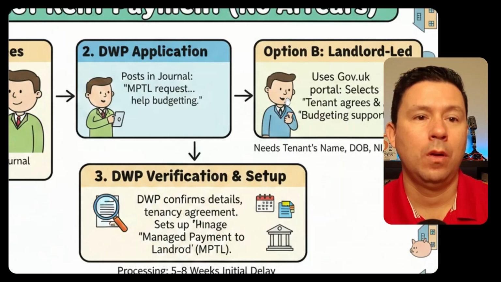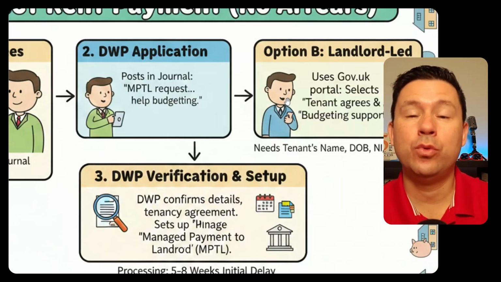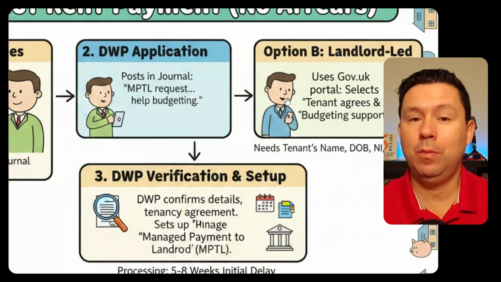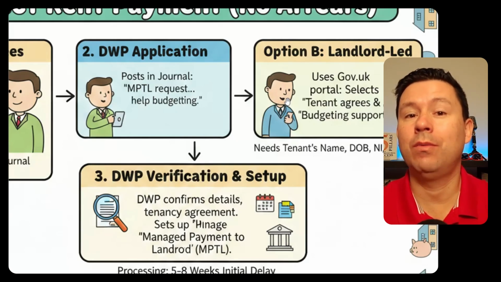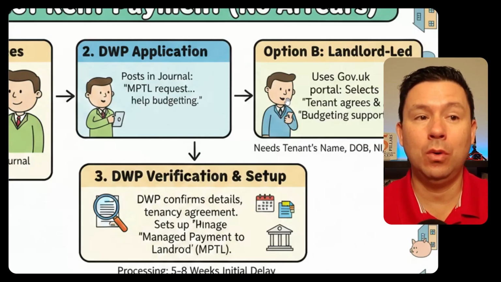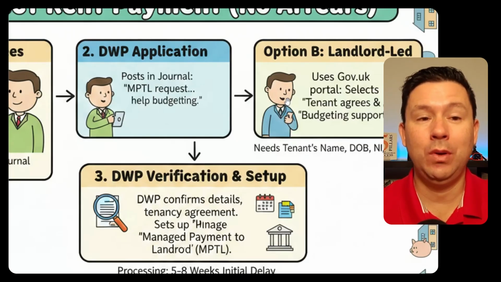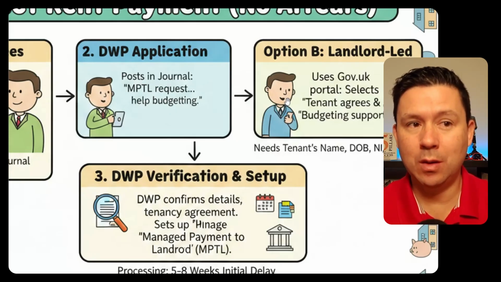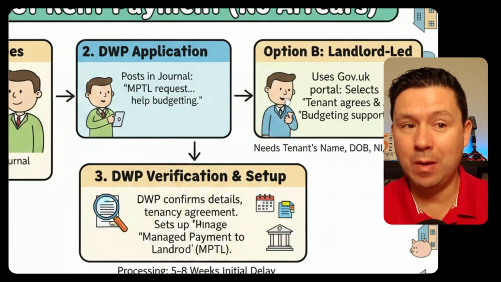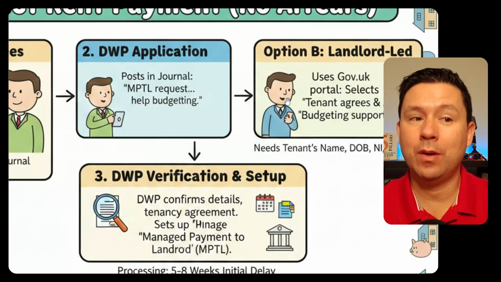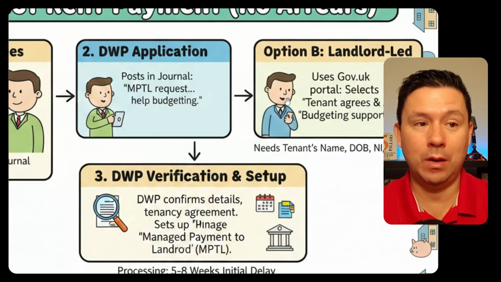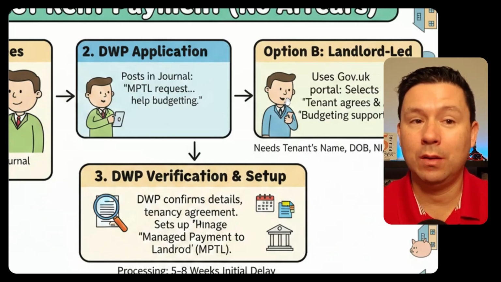Now, this process can also be started by you as a landlord if the tenant maybe doesn't want to do it or doesn't have the IT skills to do so. To do that, you need to go to the government portal, having all the information, and this makes it easier because in this scenario the tenant agreed to do the payment, and then you can get other information like national insurance and anything you need to do the application.